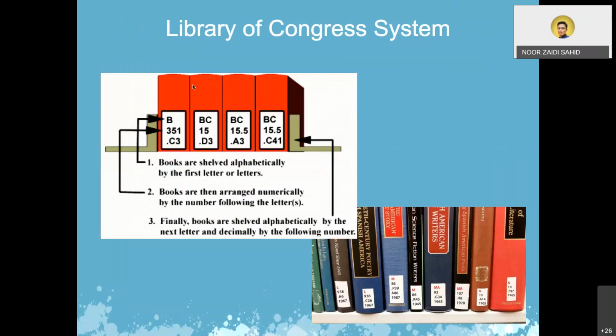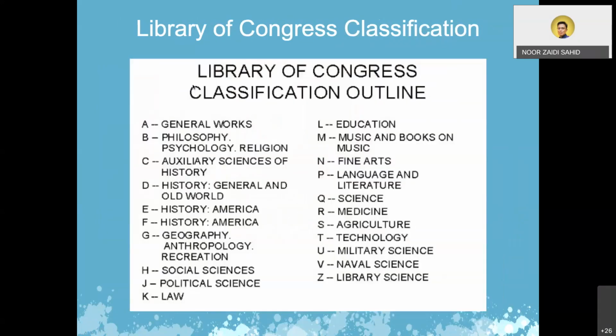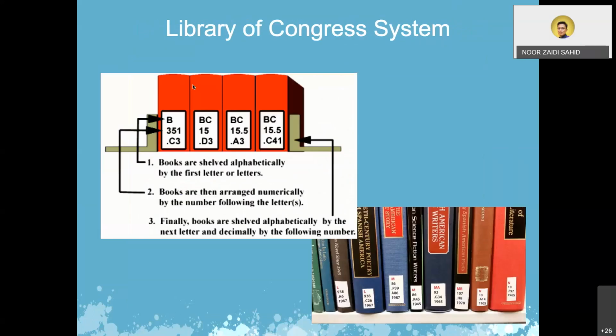So dalam kelas ini dia menggunakan the main class. The main class ni yang inilah A, B, C, D dan sebagainya to represent the main subject. Tetapi konsep numbering dia menggunakan konsep yang sama seperti yang ada di dalam DDC.